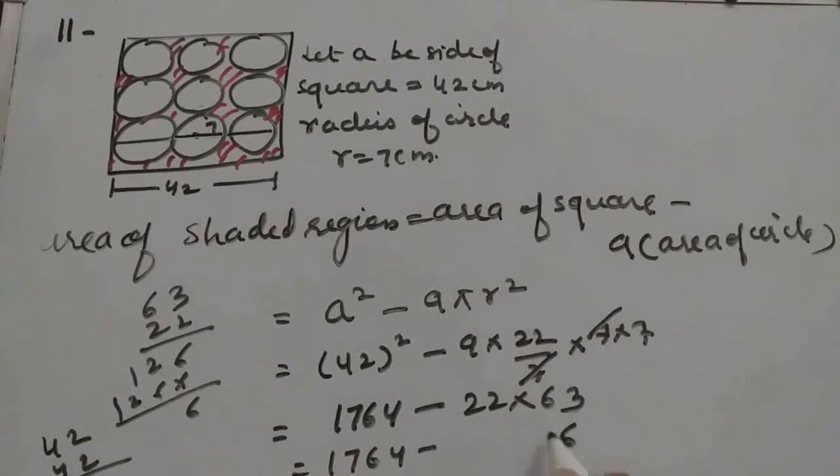This will give 1386. So finally what we will get here is 378 centimeter square.